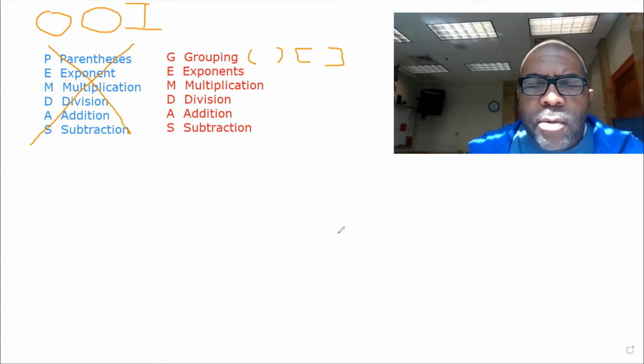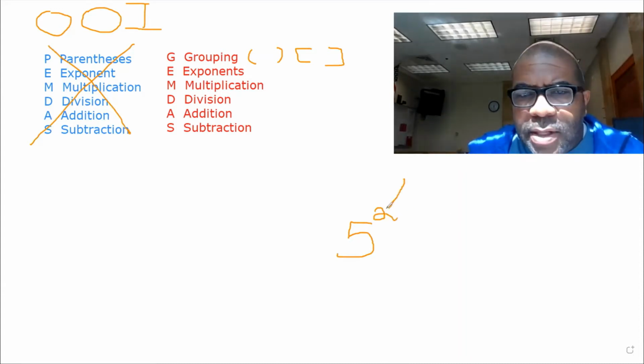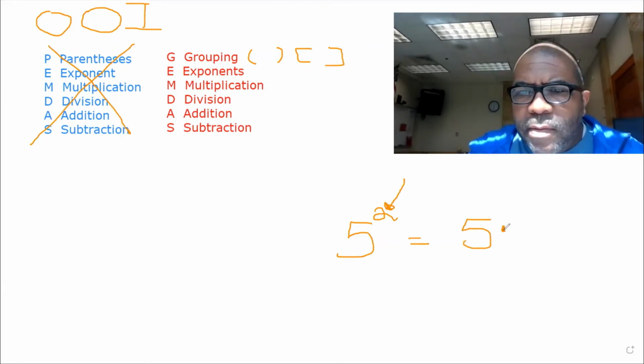Exponent, what's the exponent? Well, let's say you have 5 to the second power. The second power is the exponent, which means you're going to multiply 5 times itself.